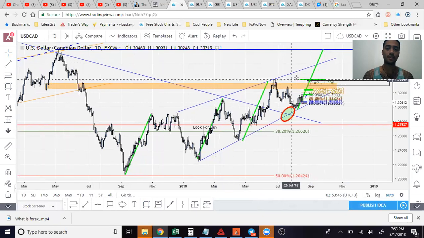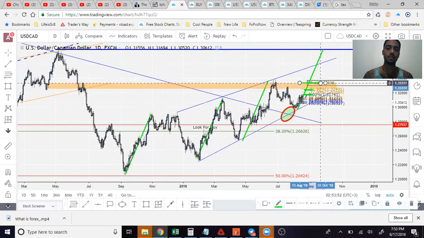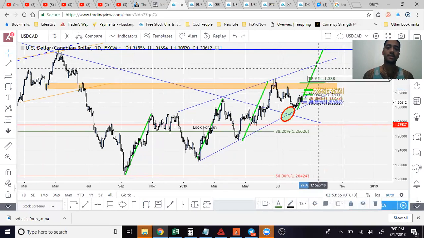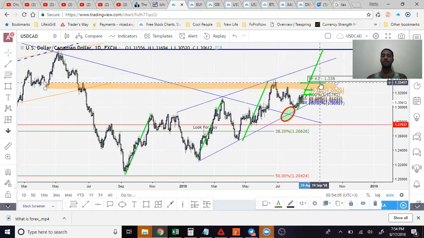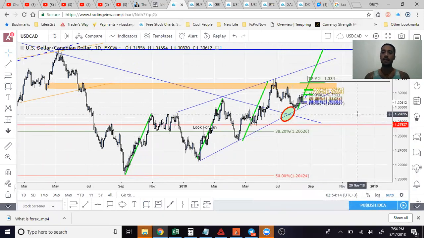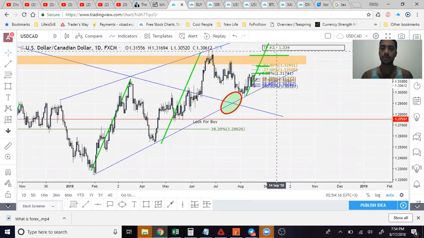But if anything, I see price getting at least to this area right here. But ultimately, I see price getting back to this trend line, and then from there getting to this level of resistance over here. Okay, so the last take profit I'll probably put at 1.334. All right, that's take profit number 3.